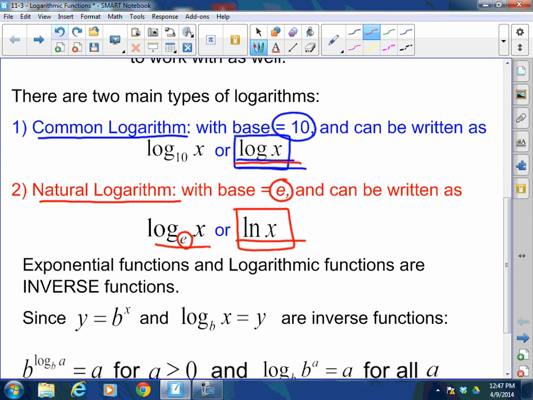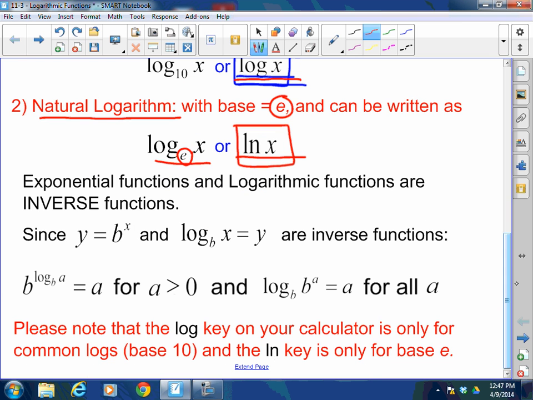Now, like I said to you before, guys, exponential functions and logarithmic functions are inverses. They are inverses. Okay? And this is wrong. I'm sorry. This should be an x here. I'm a fool. And that should be a y. Sorry. Right?